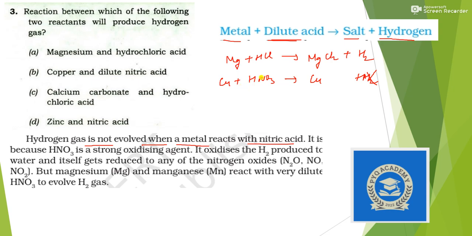That means when the acid is HNO3, the reaction will not proceed like this. So in the case of nitric acid, it is not possible. Next comes calcium carbonate and hydrochloric acid. It is not a metal but a metal carbonate, so it is also not possible. So our answer is option A, in which hydrogen gas will evolve. Let's move to the next question.